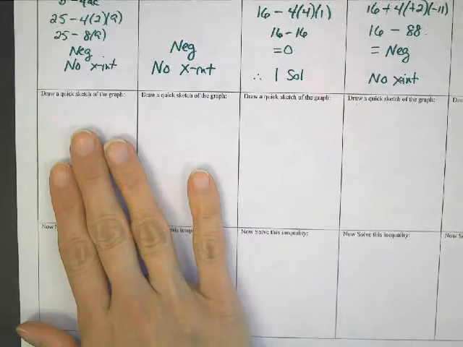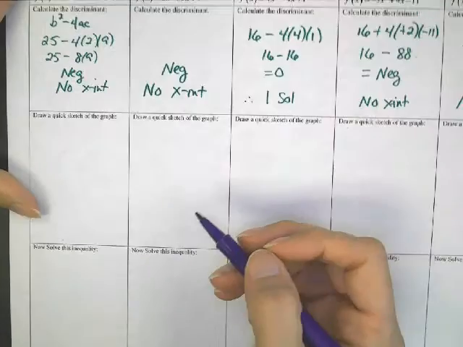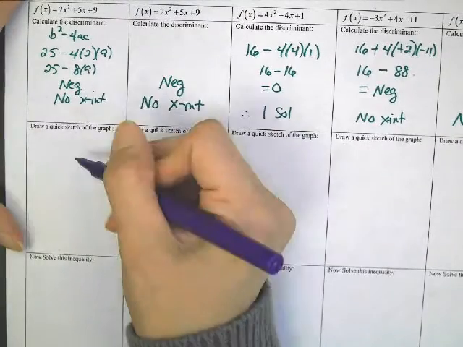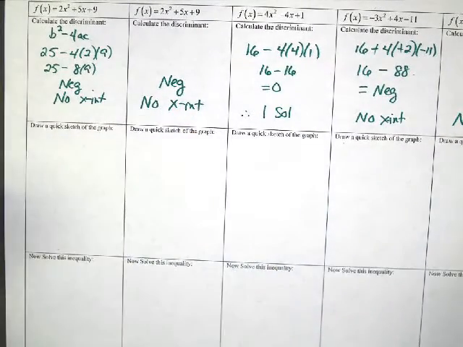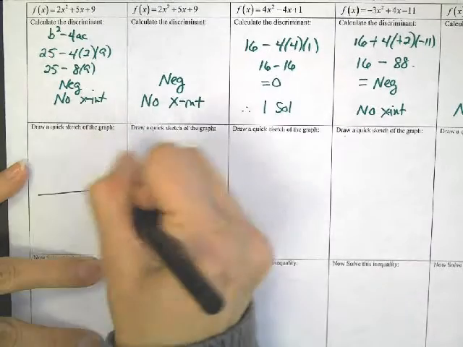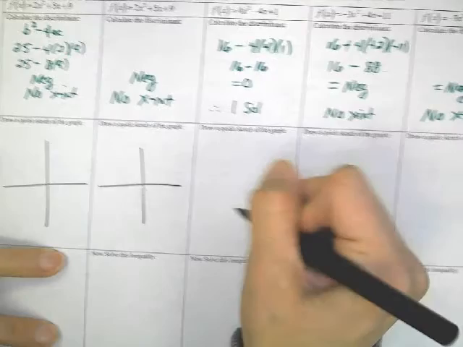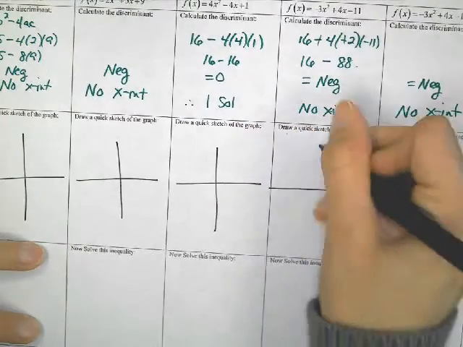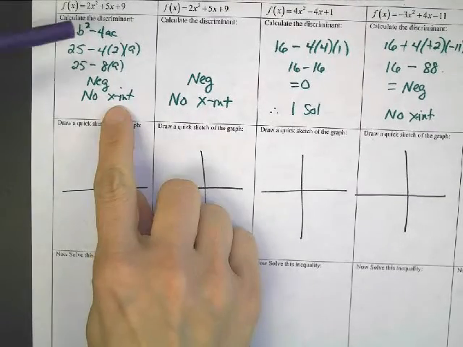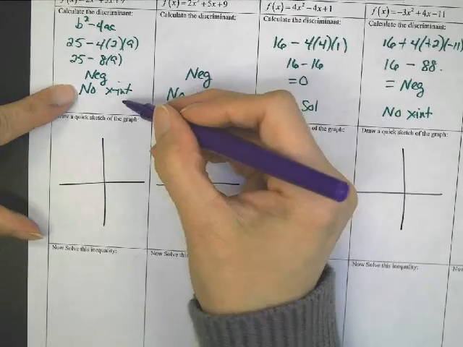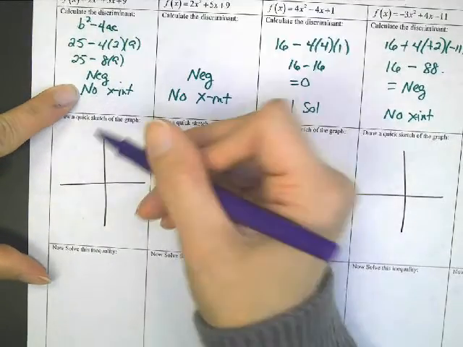Now we have to draw a quick sketch of the graph. Okay, so there's no x-intercepts. Let's get some graphs going here. No x-intercepts. You're not allowed to touch the x-axis, and your parabola is opening up.